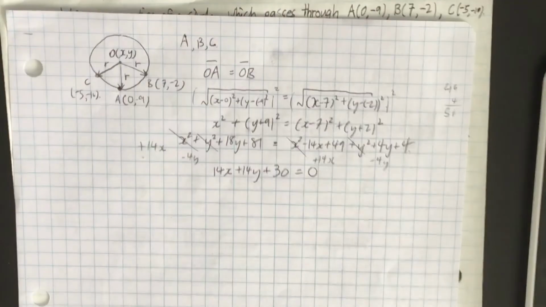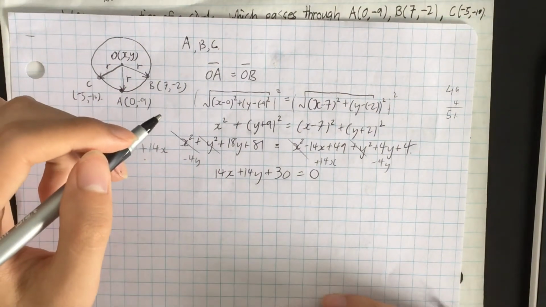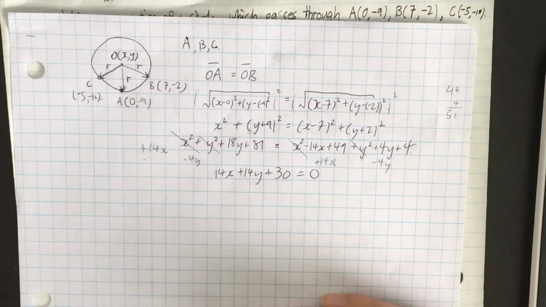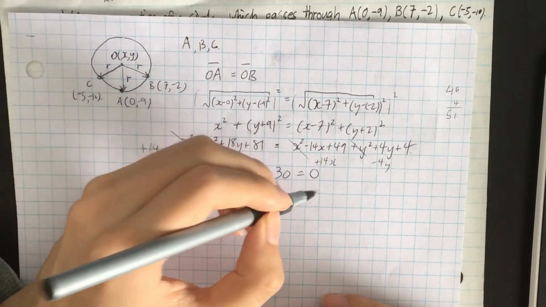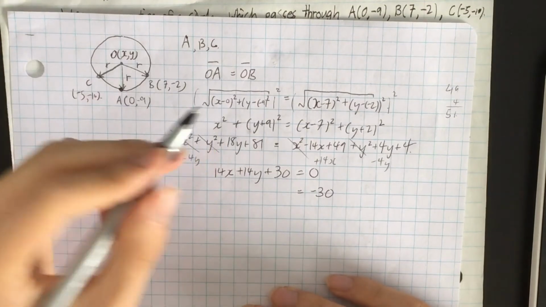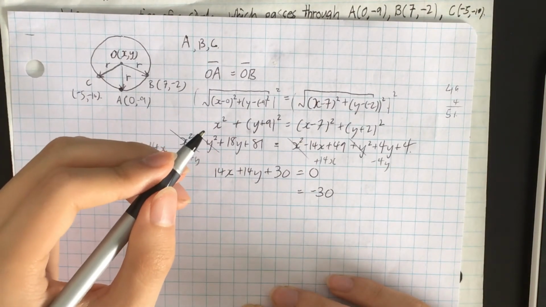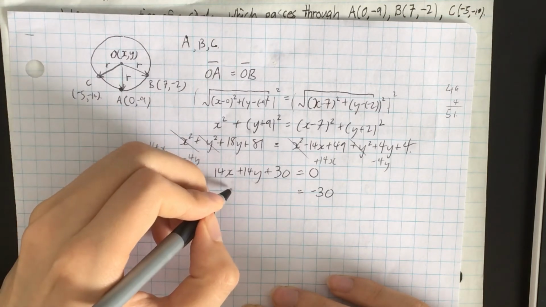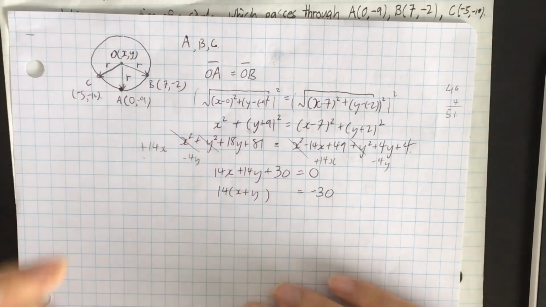Okay, so we see that we can definitely factor that out. So what we're going to do, we're going to move the 30 back on the other side, and then we're going to reduce that.